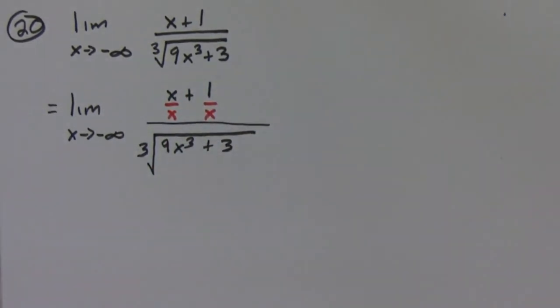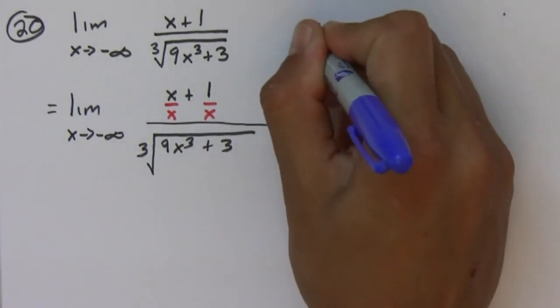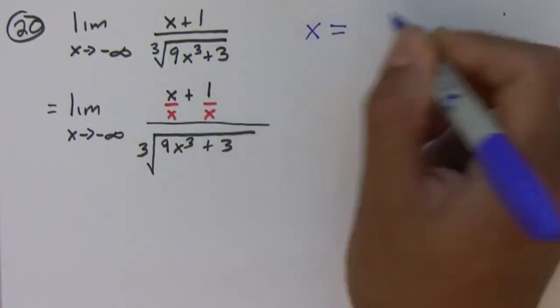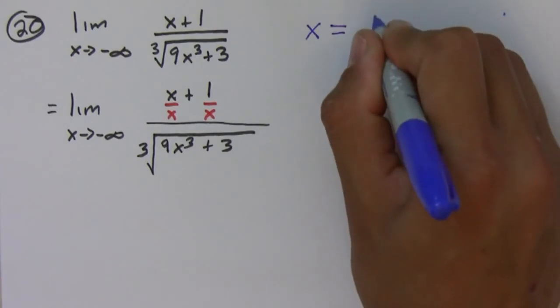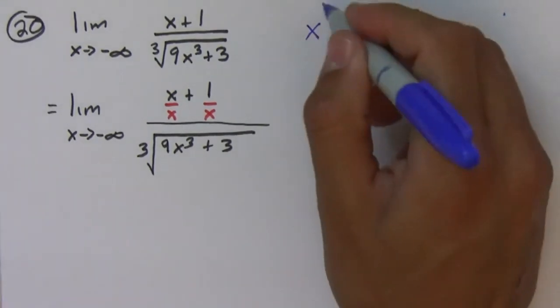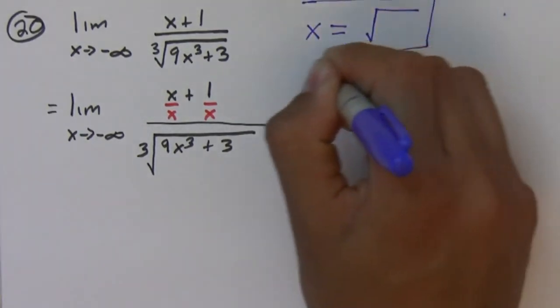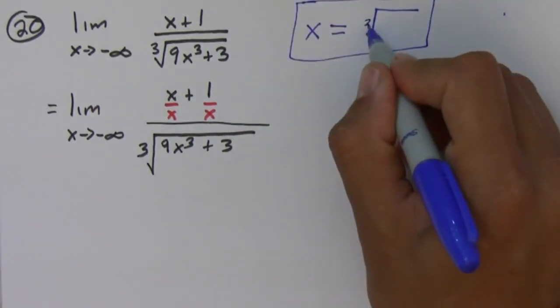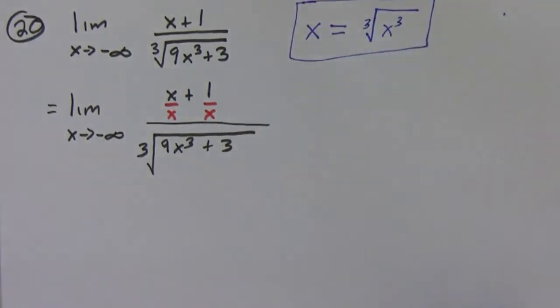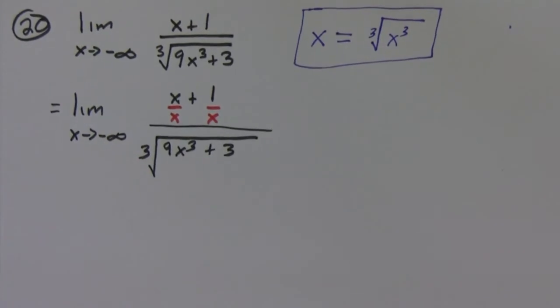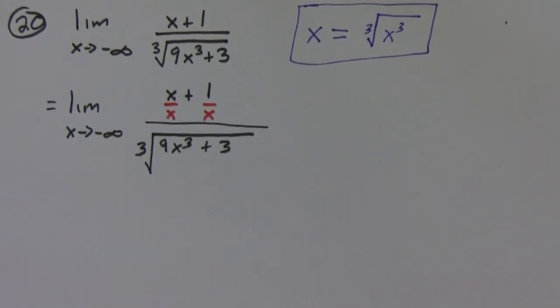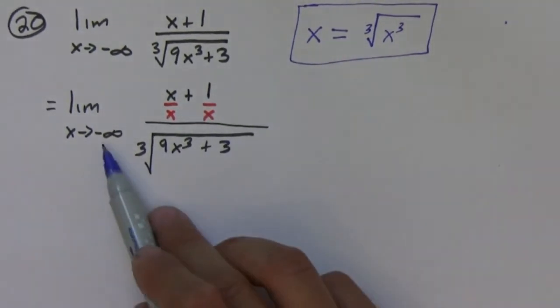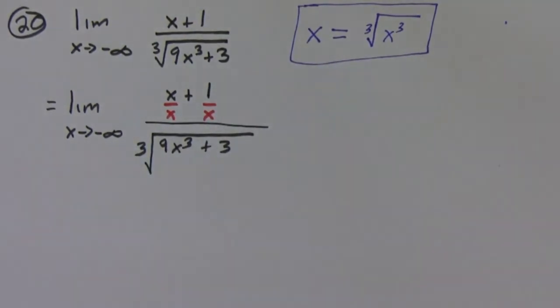For the denominator, I want to bring it inside, so remember you have to think of what's going on. You have to say that x is equal to the cube root of x cubed. Now this is true, but you have to be careful with the sign here.